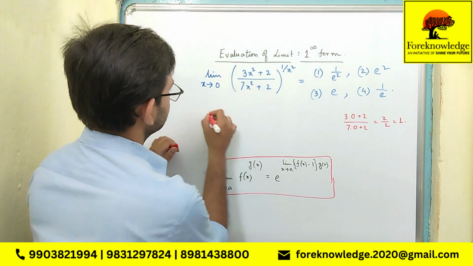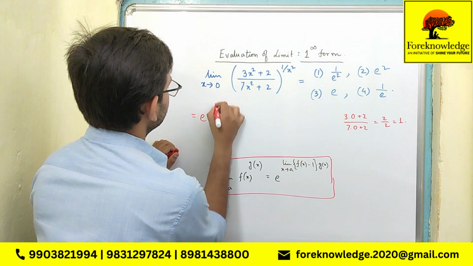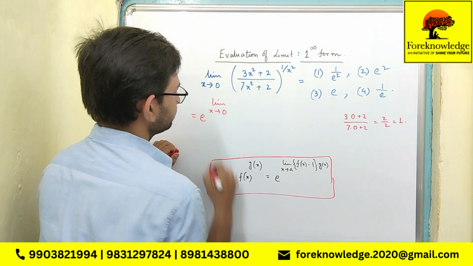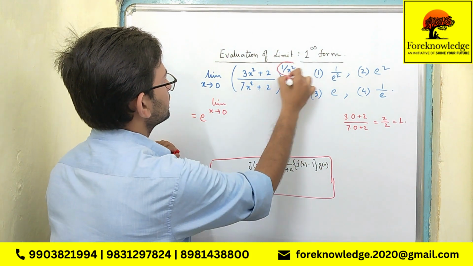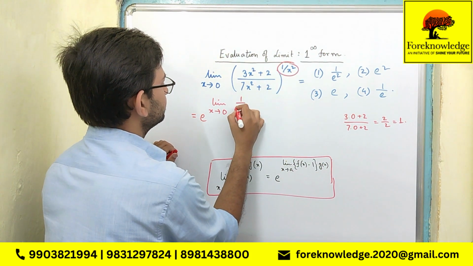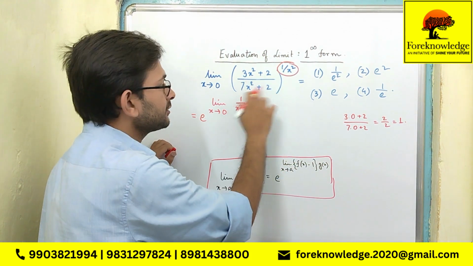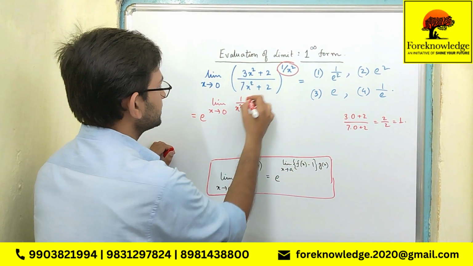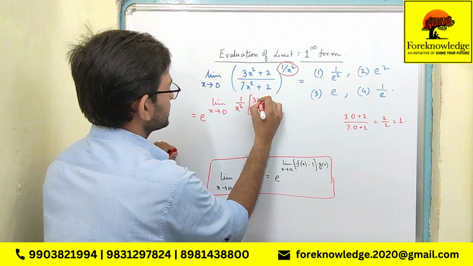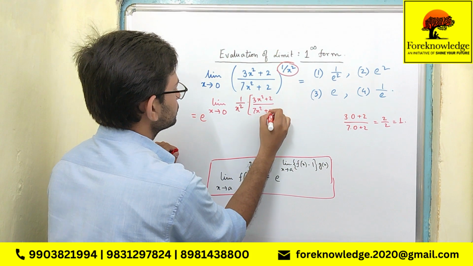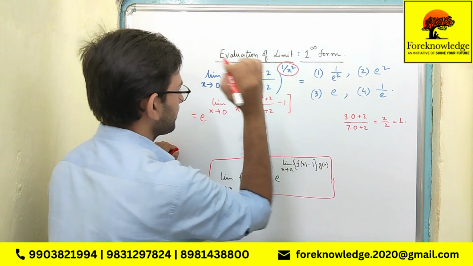So apply this. This is nothing but e to the power limit x tends to 0. What is g x? 1 by x square into what is f x? f x means 3x square plus 2 by 7x square plus 2, minus 1.